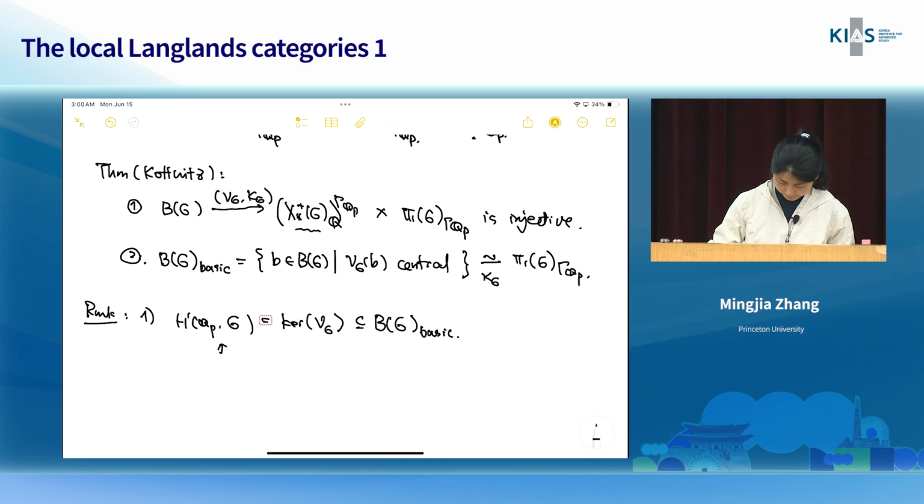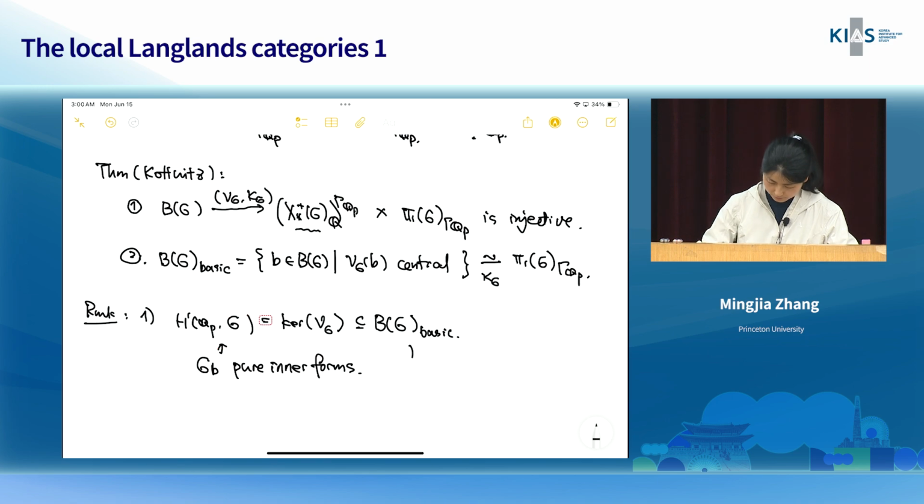The G_b coming from elements in this set are actual pure inner forms of G, and this is the reason why we call those G_b coming from the Kottwitz set extended pure inner forms.